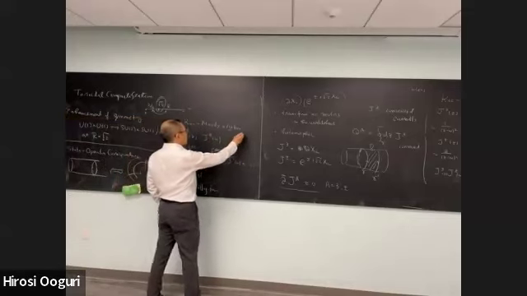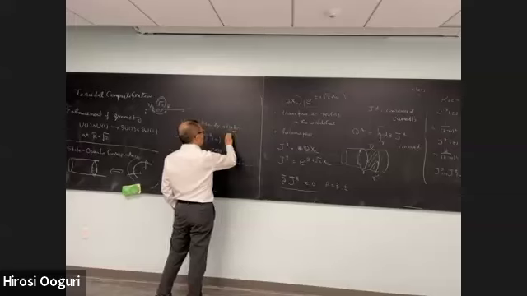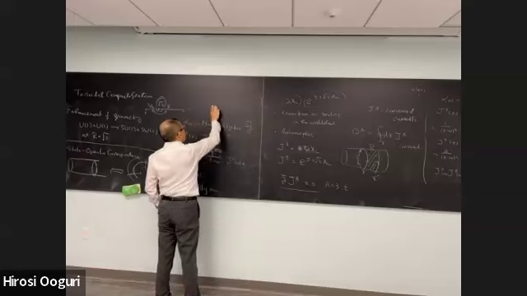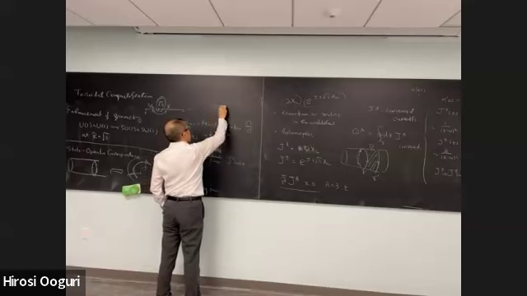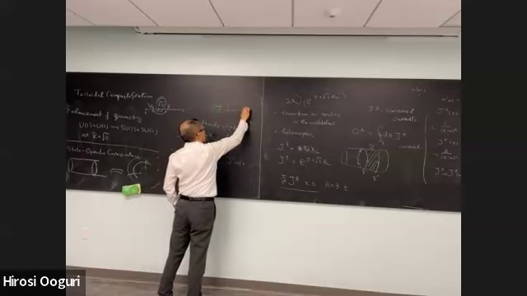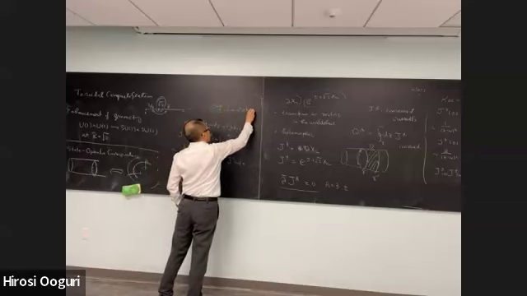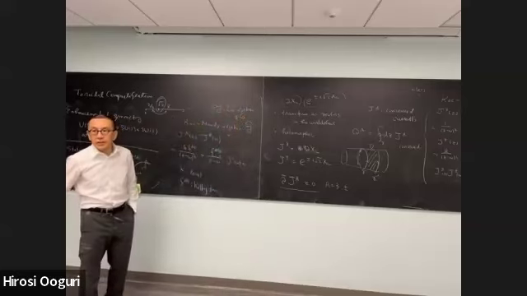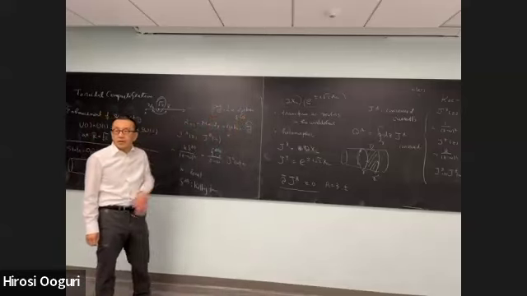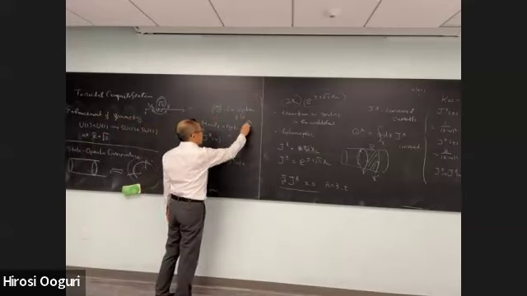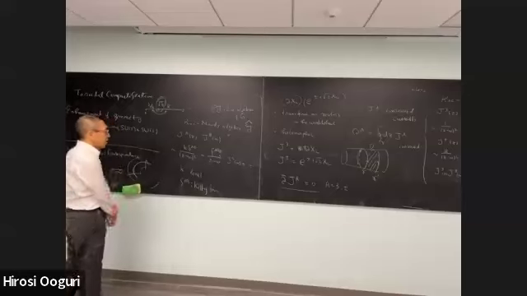So a Kac-Moody algebra is typically associated to some Lie algebra of some Lie group G. Suppose you have a Lie group G, there is an associated Lie algebra, and then the Kac-Moody algebra is denoted with a hat on the Lie algebra.